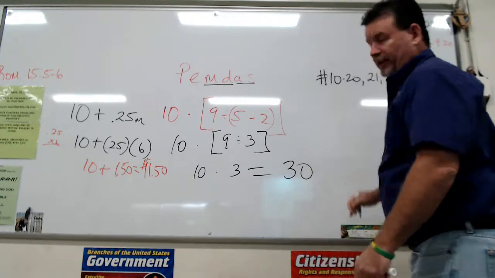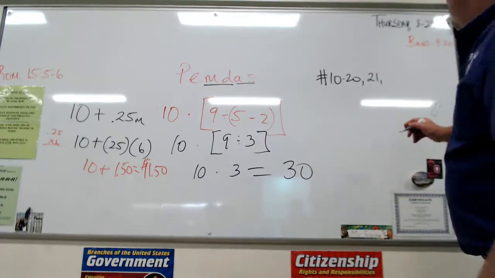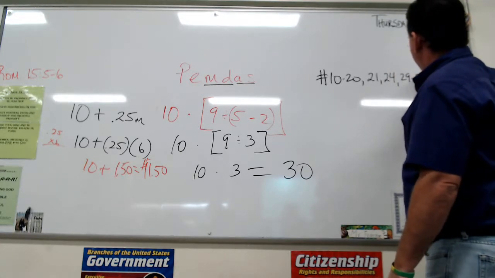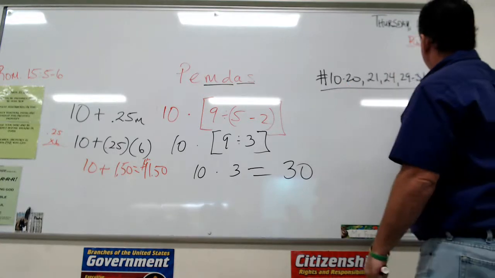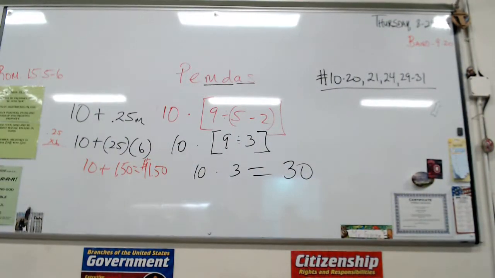I think I forgot one there. I did. 21, 24, 29 through 31. So: 10 through 20, 21 and 24, 29 through 31.